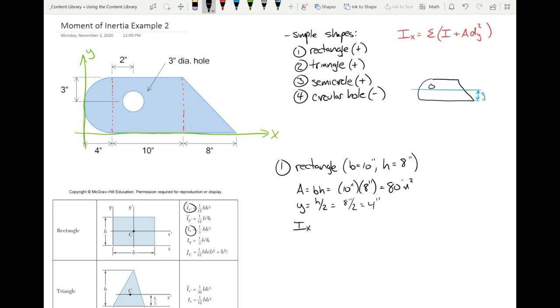I want the formulas with respect to the centroid, and so the formula is going to be 1/12 BH cubed. That's what we computed before, BH cubed over 12. So this is 1/12 of 10 inches, and then h is 8 inches, cubed. We're cubing the 8. Somebody help me out. What do you get when you plug and chug this?